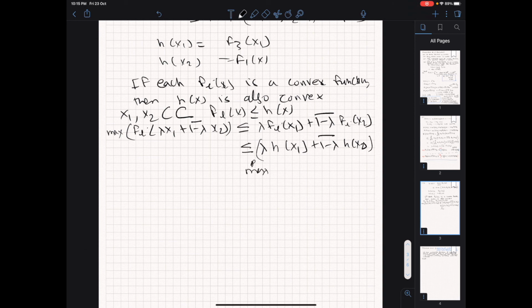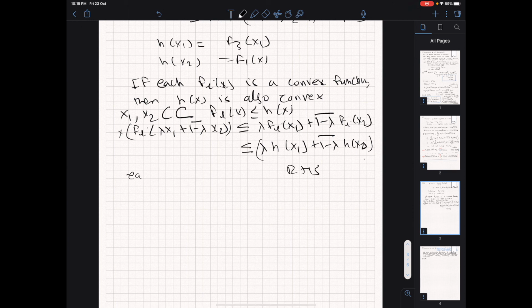Another way of saying it: on this side there is no need to put any max because it's only one function, which is h of x. What I am trying to say is that individually each one of them is less than or equal to the RHS.